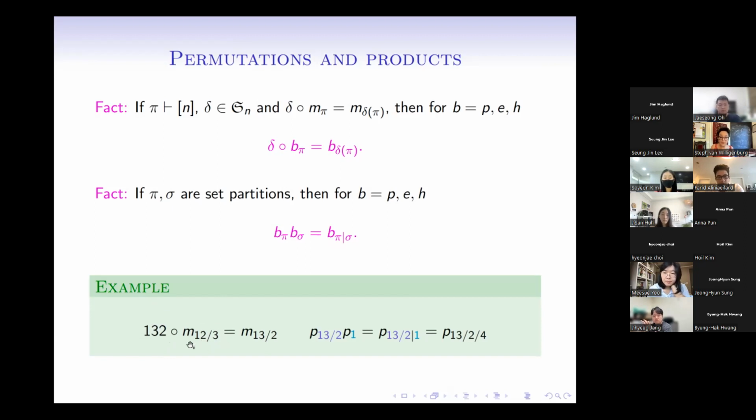So we look at this subscript right here, and we just switch the 2 and the 3, giving us m132. And then say we want to multiply together two of our power sums, then p132 times p1 is going to be, by this definition right here, p132 slash 1, which means that all we do is we write this one down again, 132, and then we add 3 to this to get 4.